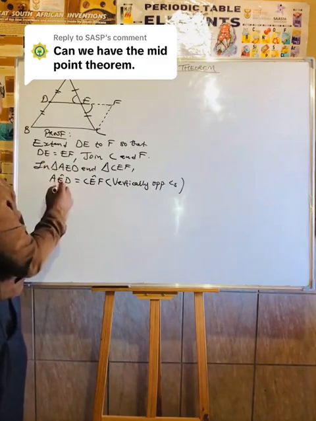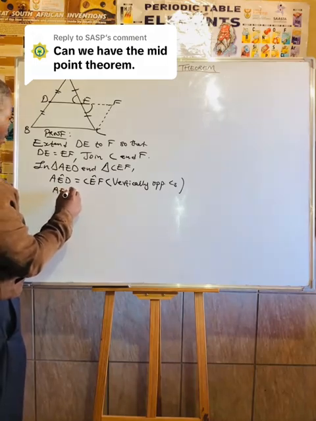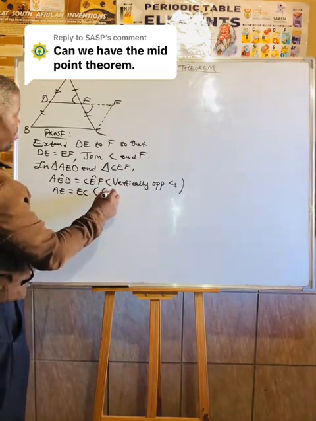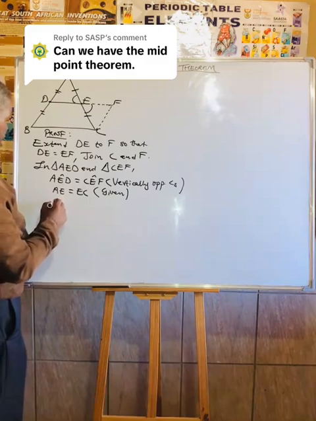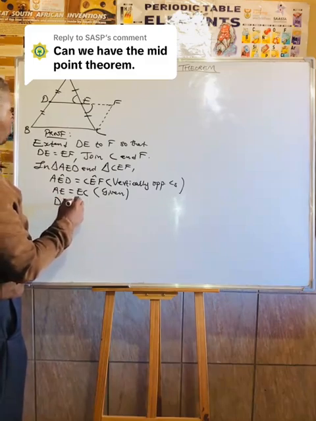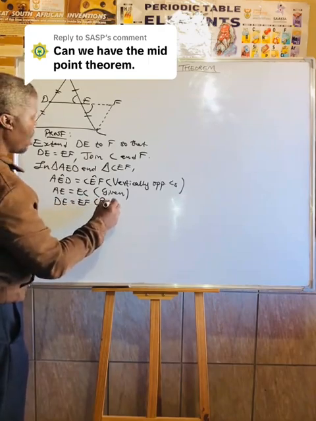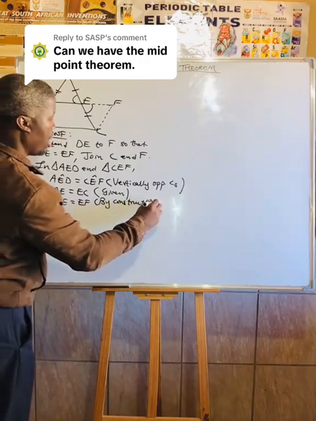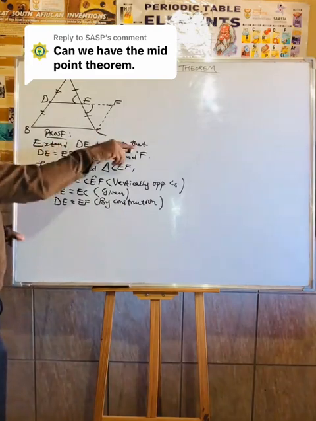From there, we indicate that AE is equal to EC. That is given. At the same time, we've got DE being equal to EF by the construction which was done over there.